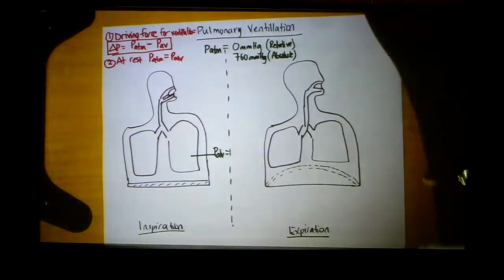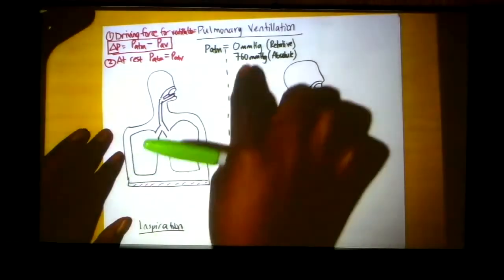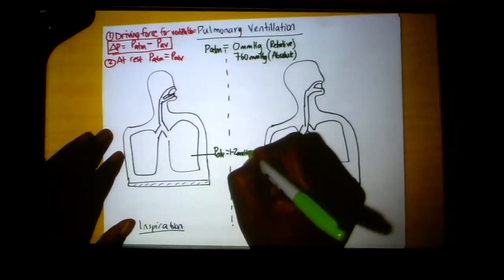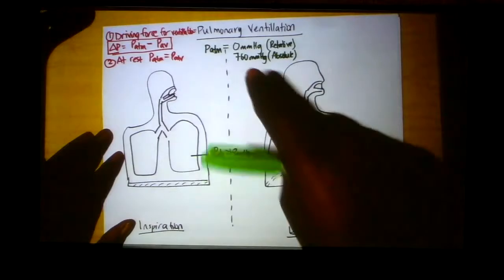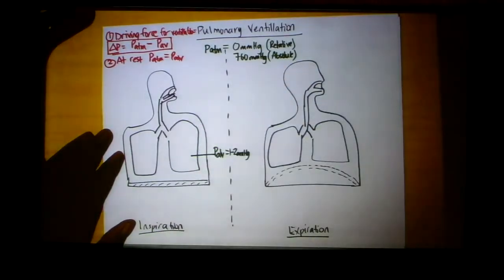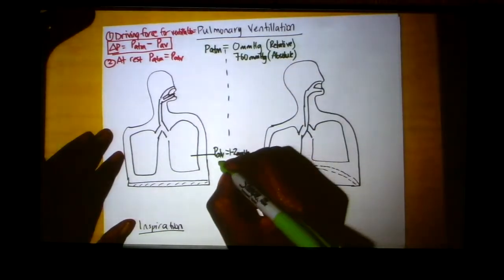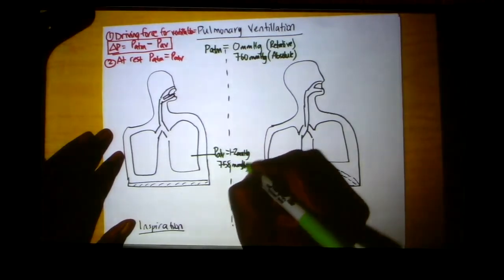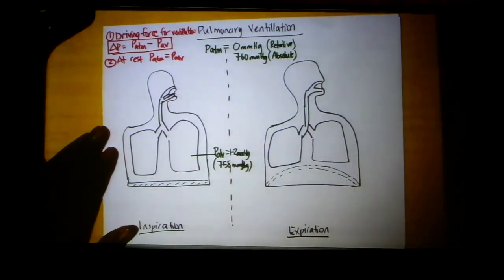It's going to be less, yeah, so it's going to have to be less than that zero. So it's going to be, let's say, -2 millimeters of mercury. And if we take 760 and we subtract 2, that's about 758 millimeters of mercury. Okay, just to put the absolute value as well.